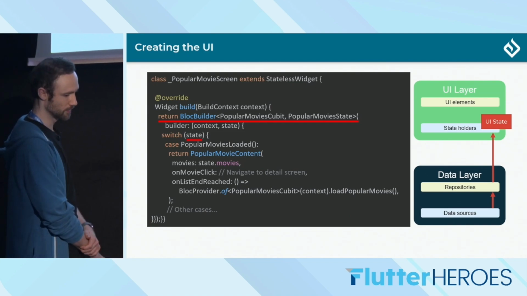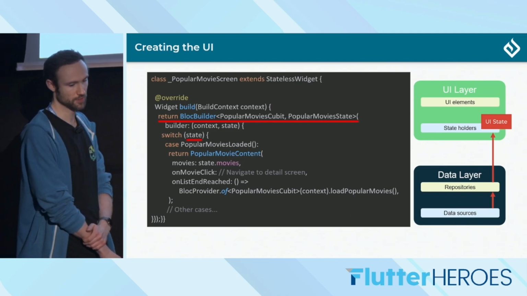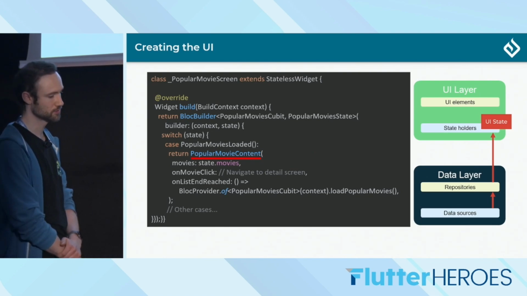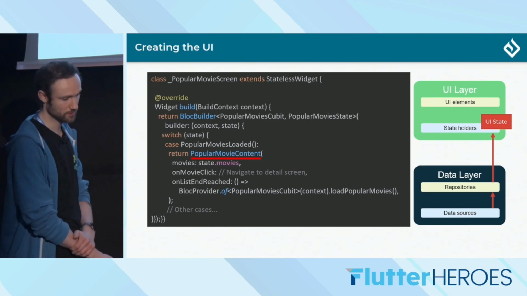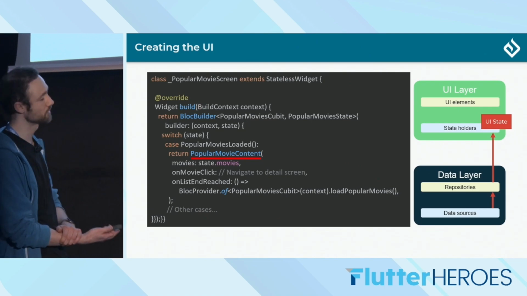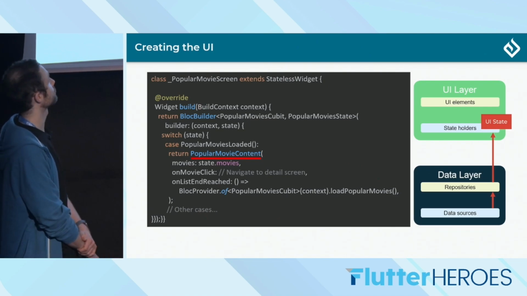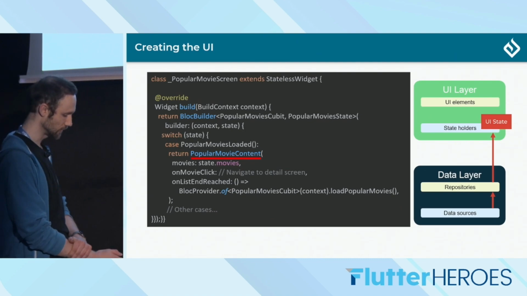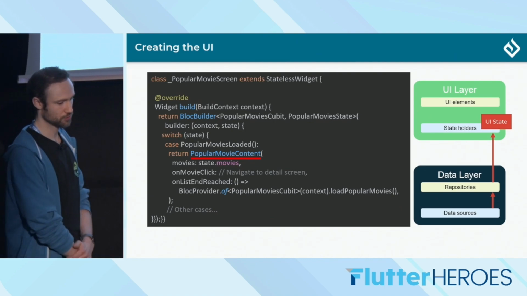So let's say everything went right. What are we doing then? As you can see, we are calling another widget, and there we are providing all the data it needs, like the movies, and also some lambdas for events such as click callbacks. Pretty much not more to it.